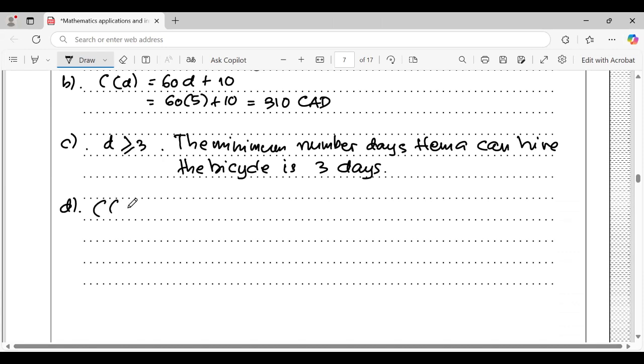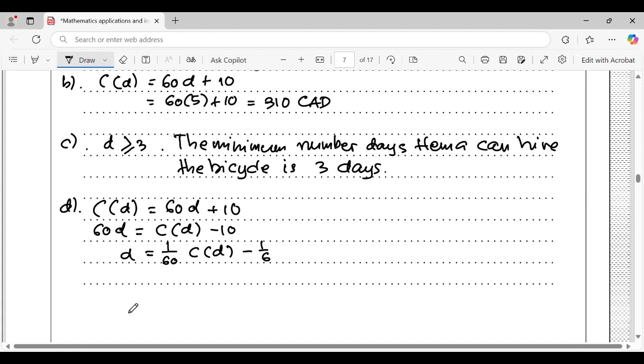If C(D) is 60D plus 10, we set 60D equals C minus 10, and D equals 1 over 60 C minus 1 over 6, because 10 divided by 60.